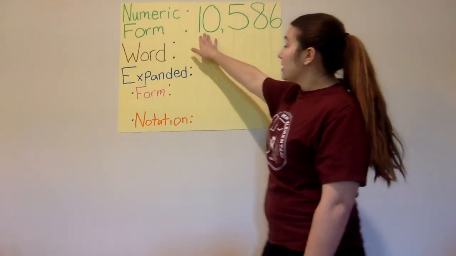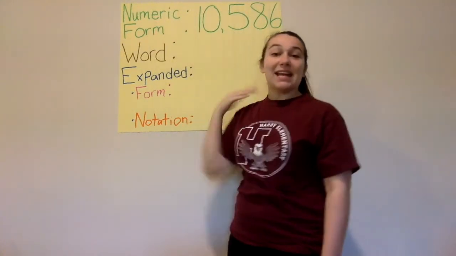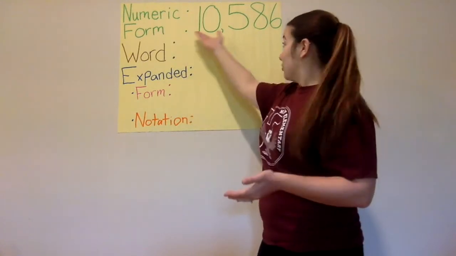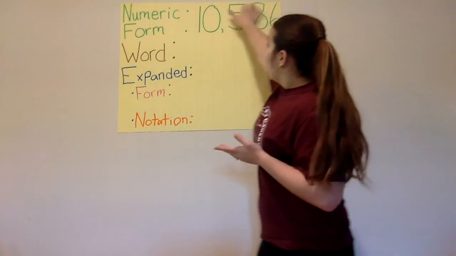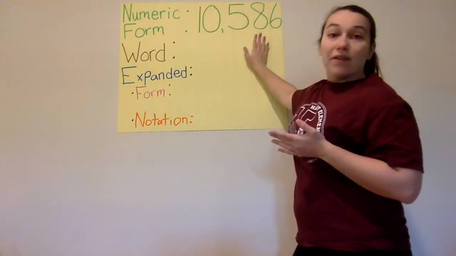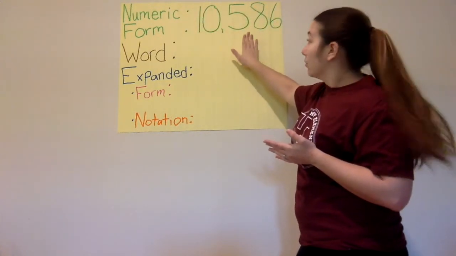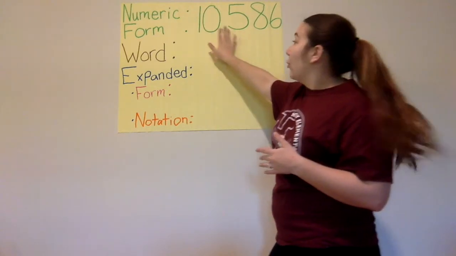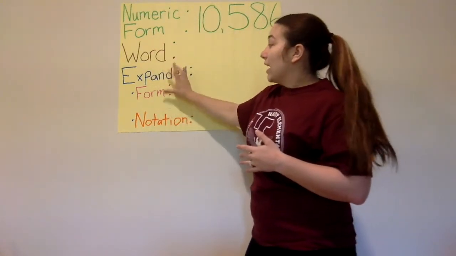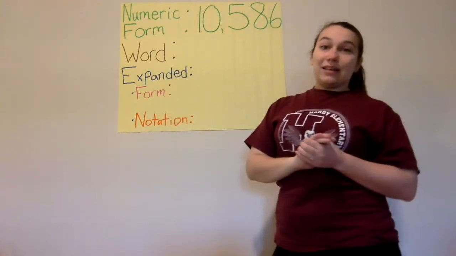So we just talked about numeric form. It is a number that is just written as a number, okay? So right here, we have an example of a numeric form number. And this is what we're going to use for word form, expanded form, and expanded notation.